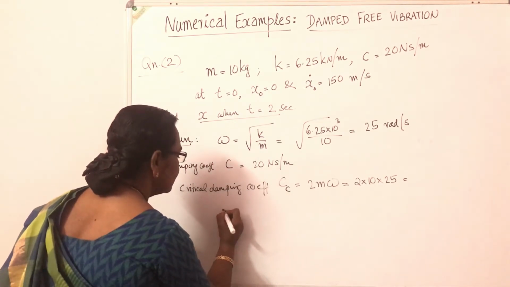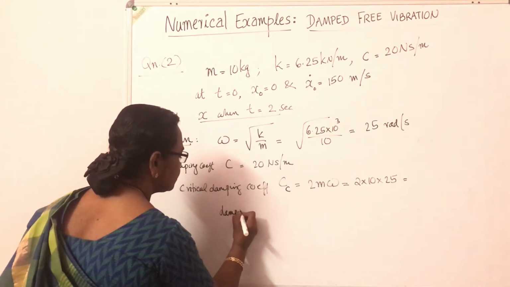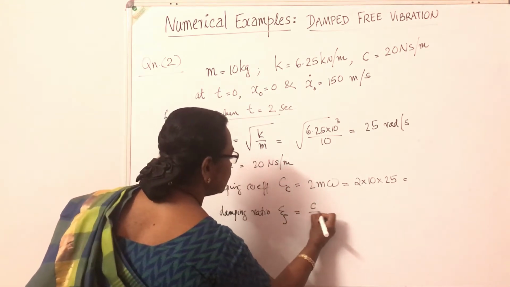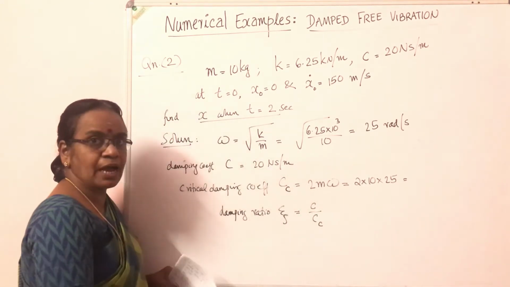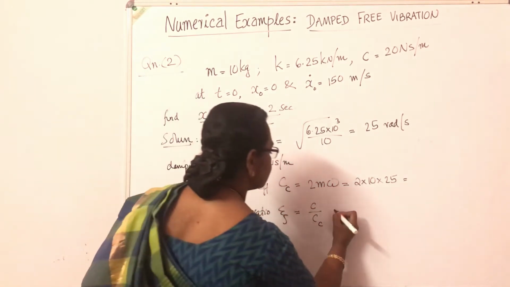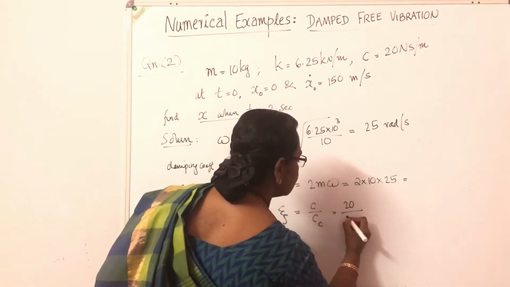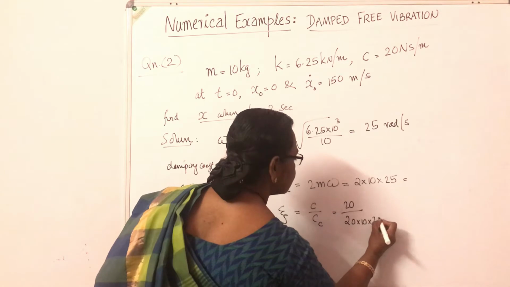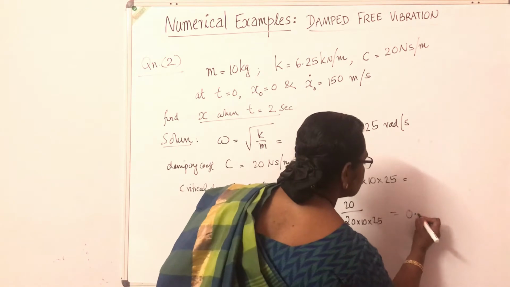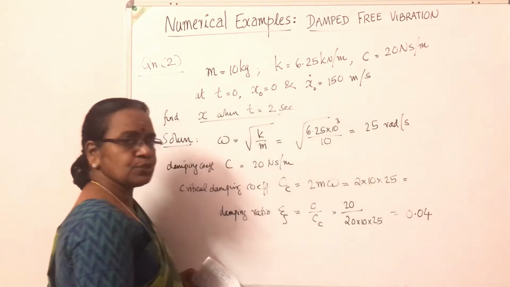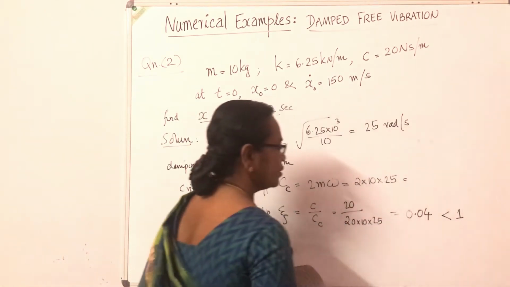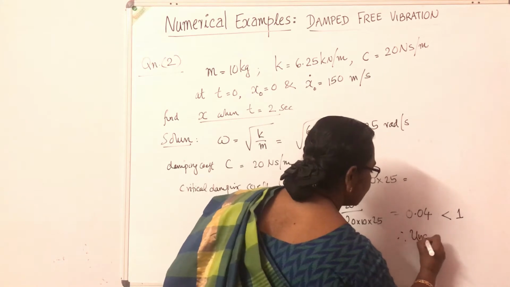Then we find out the damping ratio. Damping ratio psi is equal to C by Cc. The ratio of the damping in the system to the critical damping coefficient is called damping ratio. So 20 divided by Cc will work out to 0.04. So the damping ratio of the system is 0.04, which is less than 1. So it is an underdamped system.